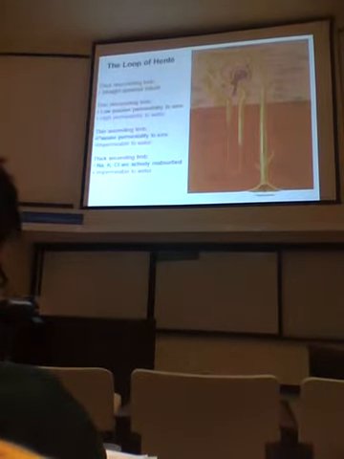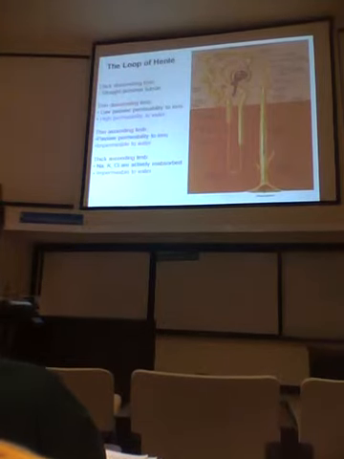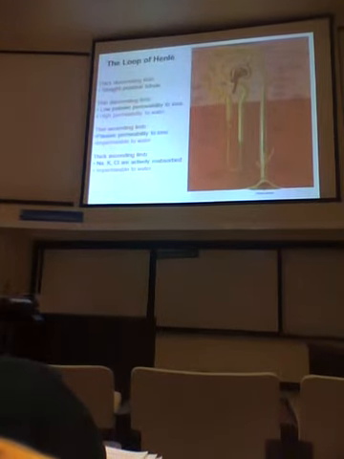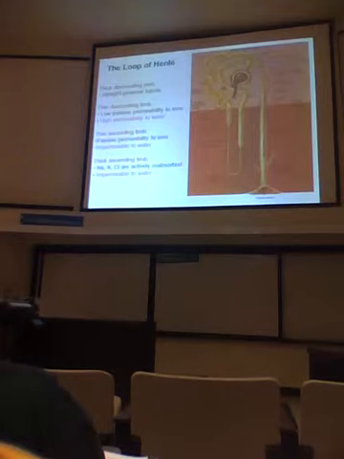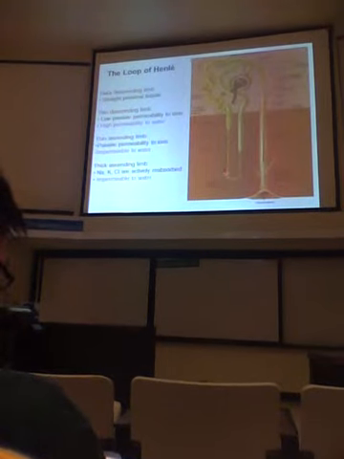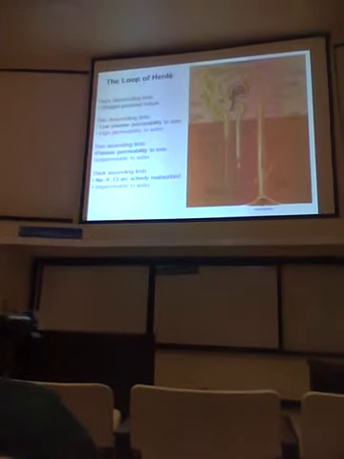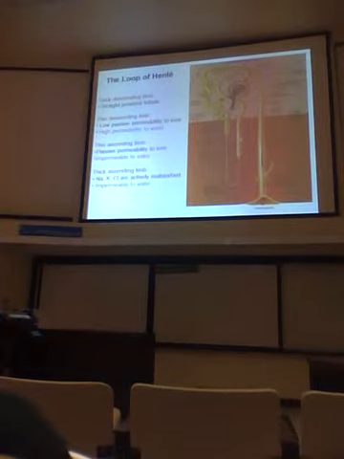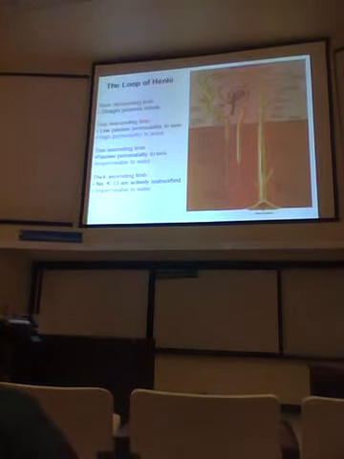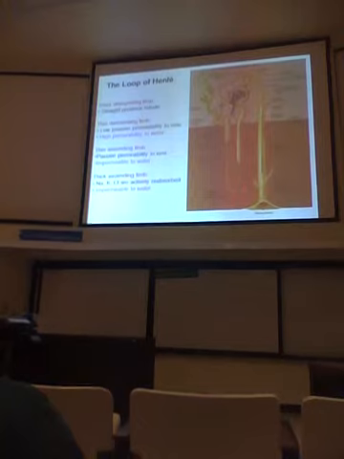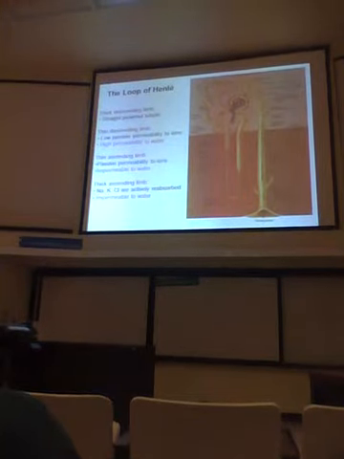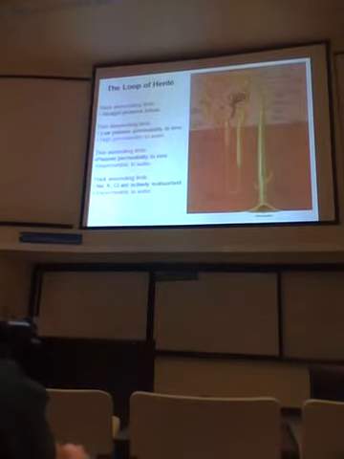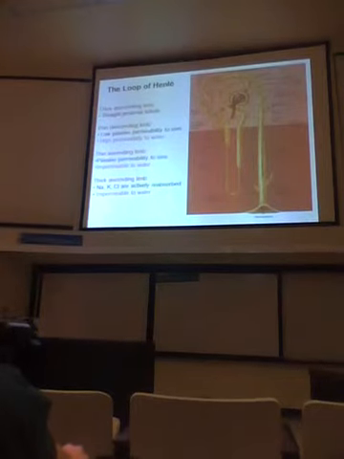So here is the loop of Henle. There's a thick descending part, and a thin descending part, and a thin ascending part, and a thick ascending part. All have different functions. The thick descending limb is basically a straight proximal tubule.